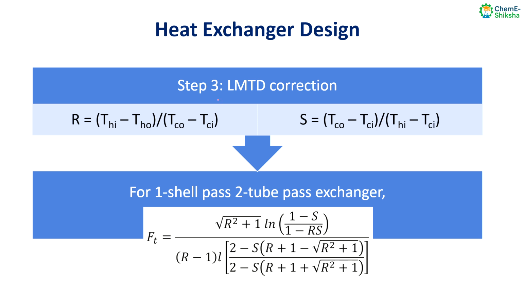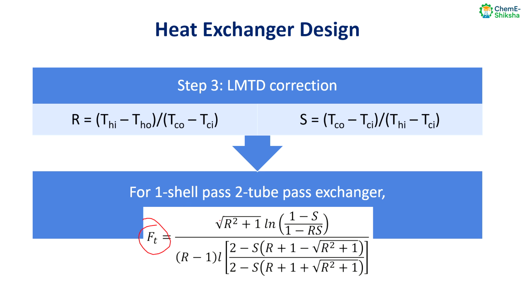Also, we know there are three kinds of flow configuration. It might not be only co-current or counter current, it can be cross flow as well, with counter current or co-current. So that's why we need to incorporate the correction factor, that is the Ft.